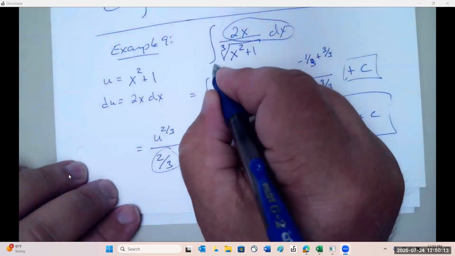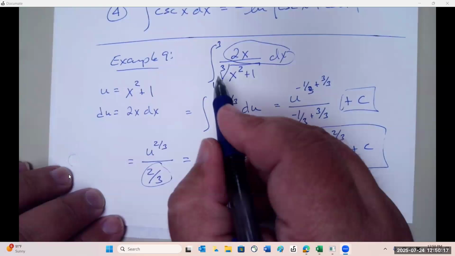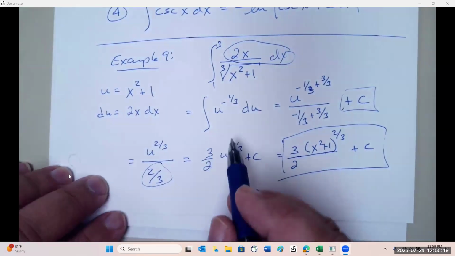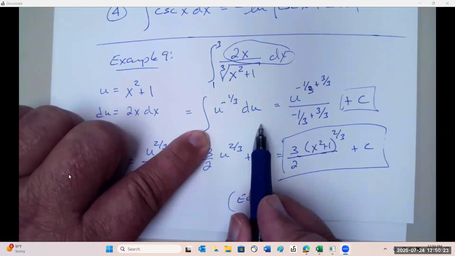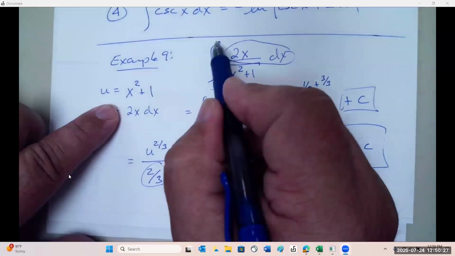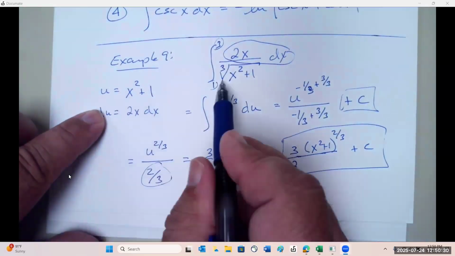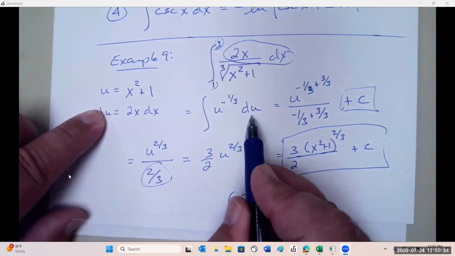It's right here. Let's say this was going from 1 to 3, and I left it in terms of u, and I did the whole thing. Then I would have to change my bounds of integration, because now I'm taking the integral with respect to u, du, not x.